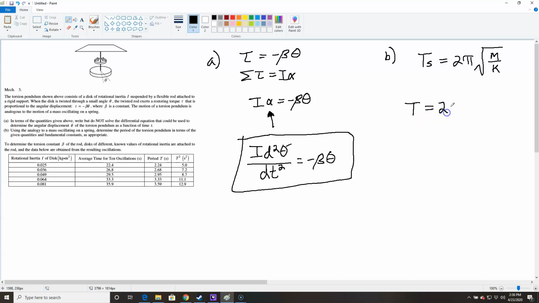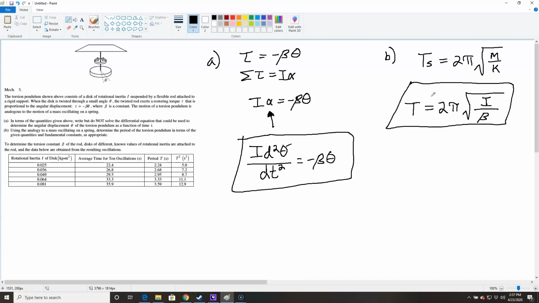But it's an analogy, so it's not as bad as it seems. We're in rotation, so instead of mass, we use I, the moment of inertia, which is mass distribution. And instead of k, the spring constant, we're going to use beta, the constant that was given to us for this particular problem. At this point, A and B are golden.